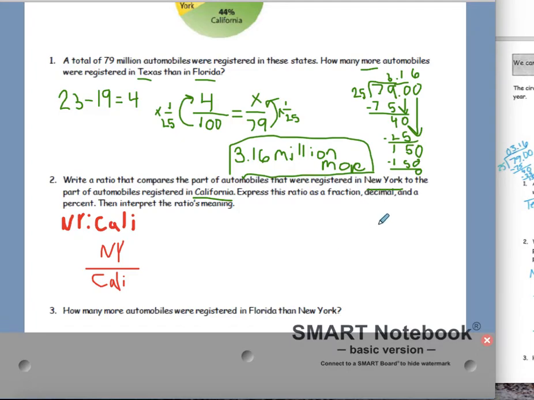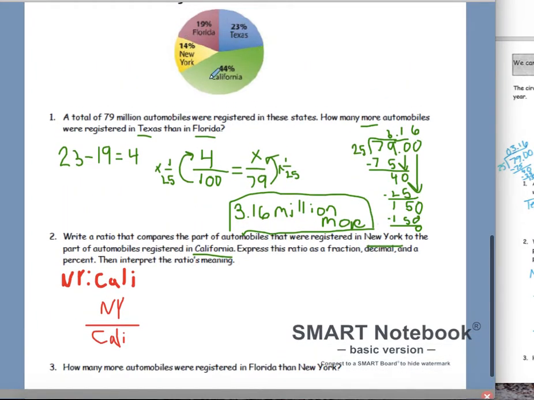And we can actually just use the percents for this. So New York is 14%, and California is 44%. So as a fraction in simplest form, if we divide both of these by 2, we're going to get 7 over 22.